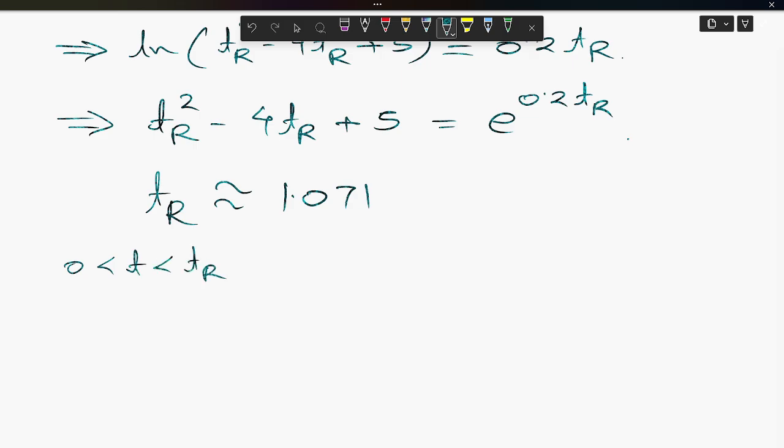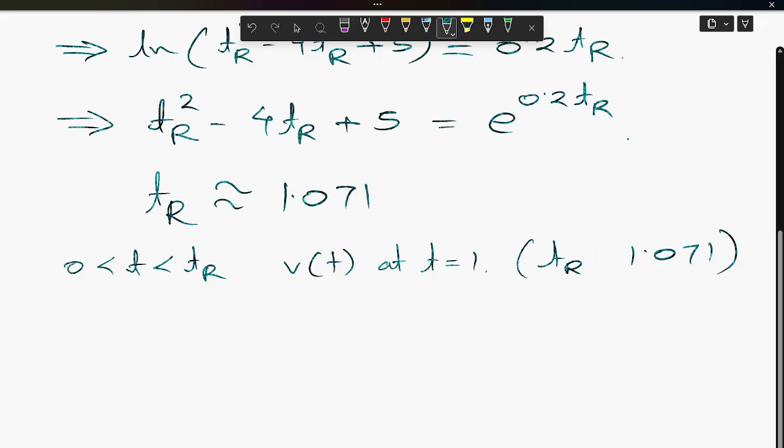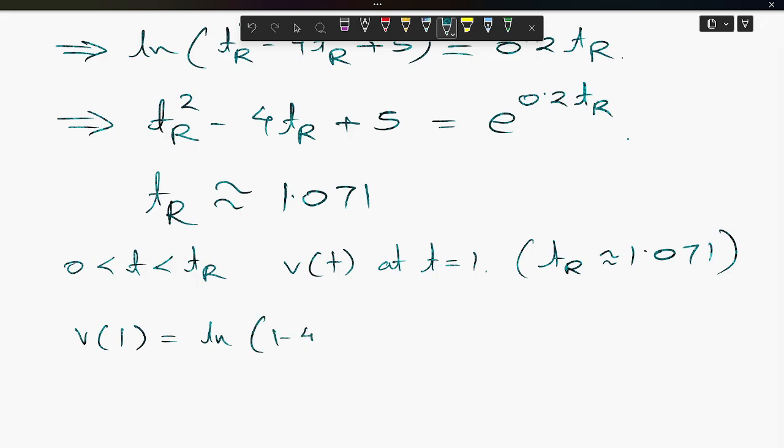Evaluate v of t at t equals 1, since our tr is approximately 1.07. So v of 1 is equal to ln of 1 minus 4 plus 5, minus 0.2 into 1.